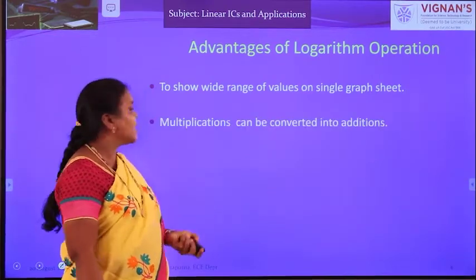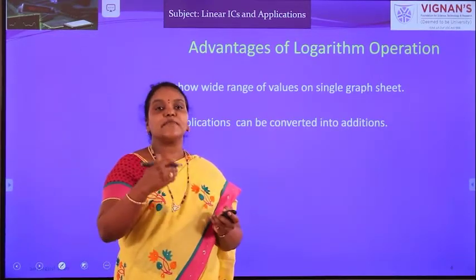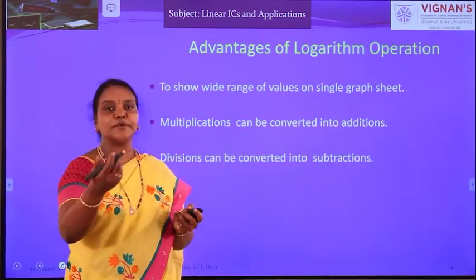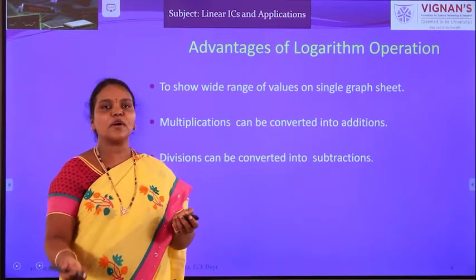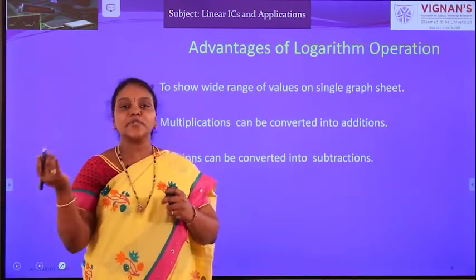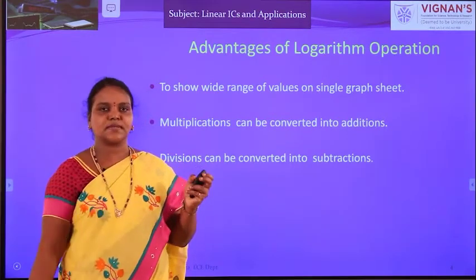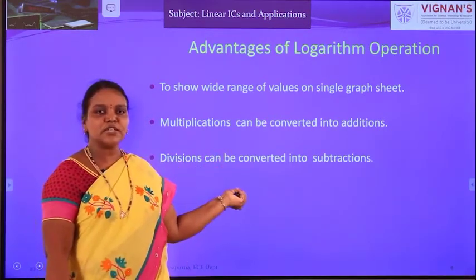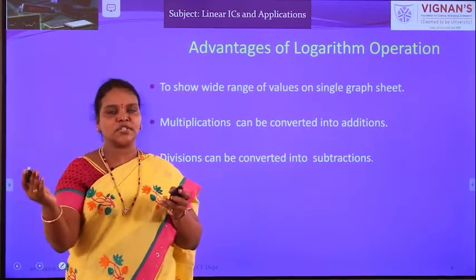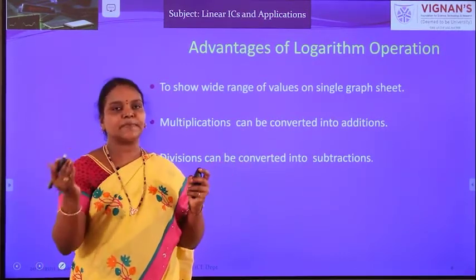And next, multiplications can be converted into additions and divisions can be converted into subtractions. All of you know, compared to additions, multiplications are a little bit complex, and compared to subtractions, divisions are complex. So because of using these logarithms, we are able to convert multiplications into additions and divisions into subtractions.